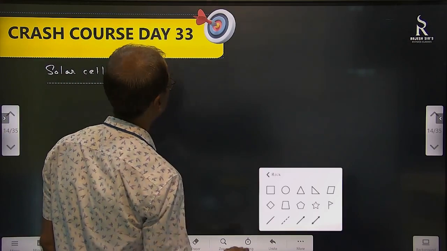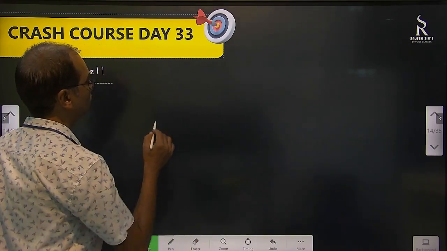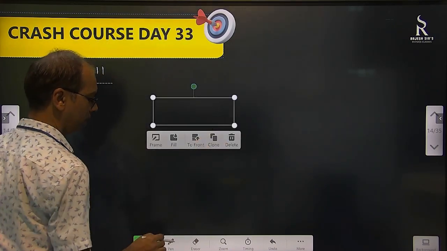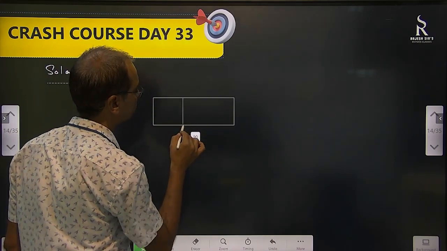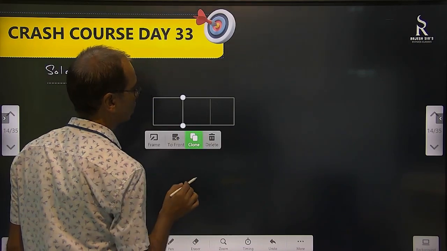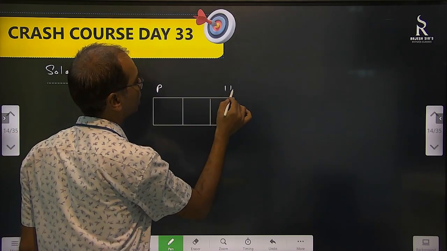Solar cell. It's also a PN junction diode, and it is also heavily doped. We'll make this also heavily doped. This is our depletion layer. P. This is it.